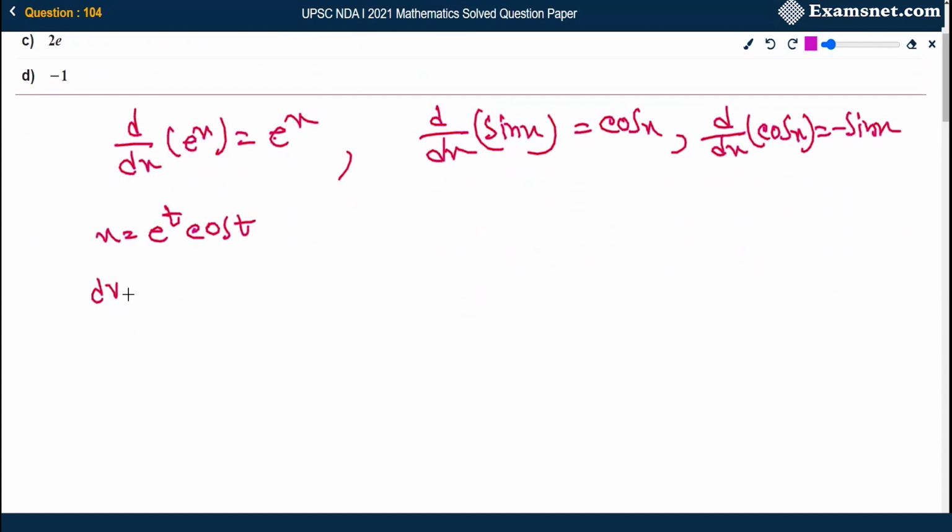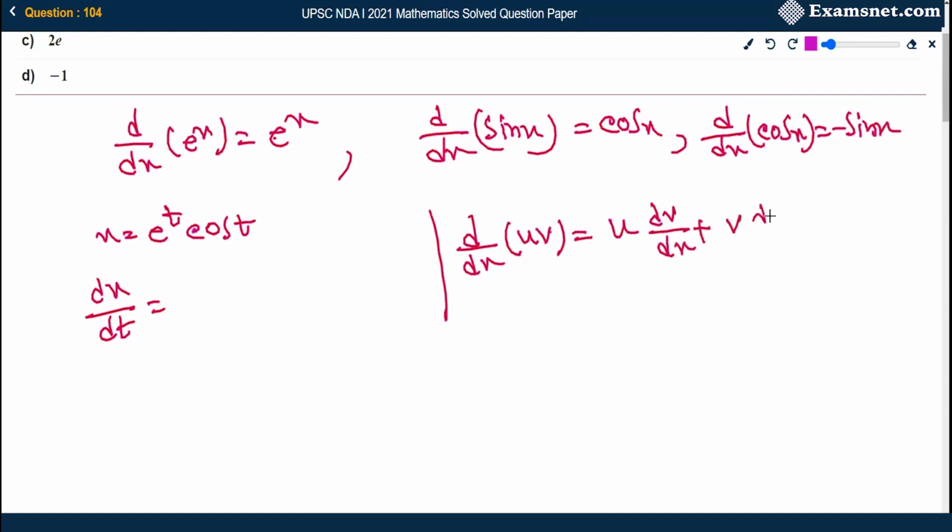Let's find dx by dt. Since it's in the u multiplied by v form, the formula is d/dx of uv. First keep u constant and differentiate v.